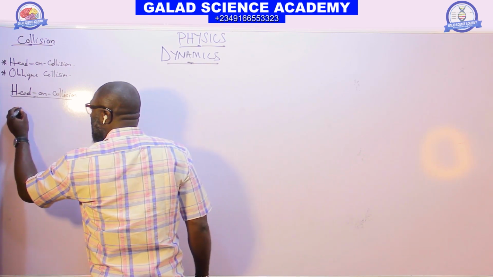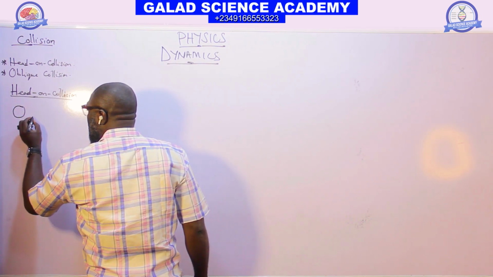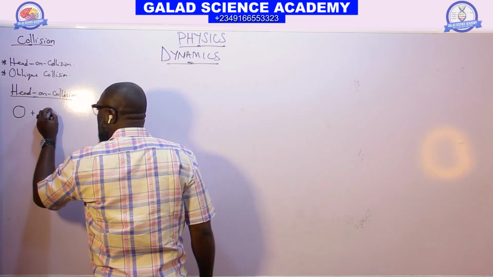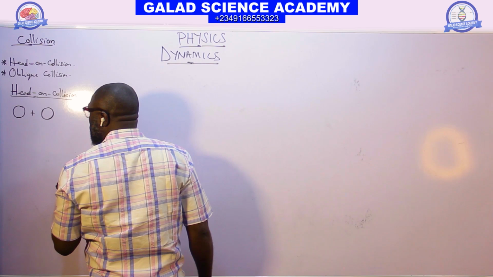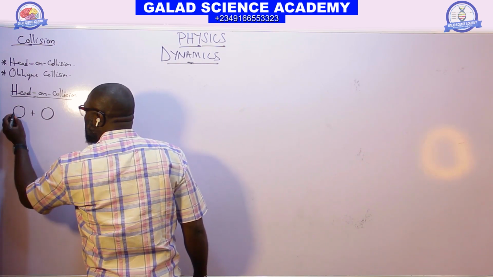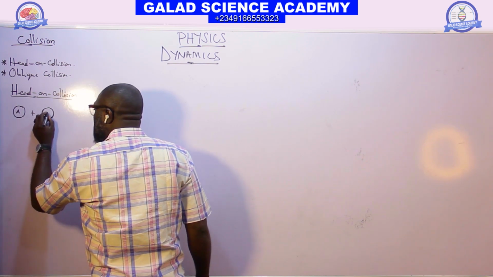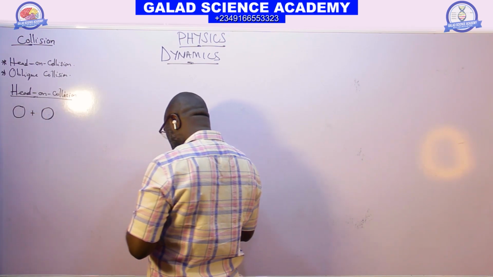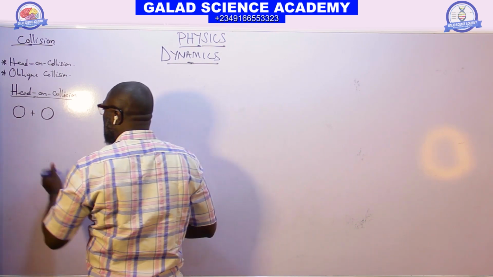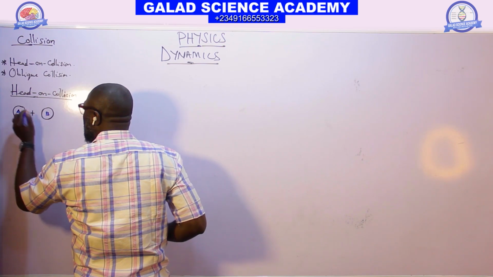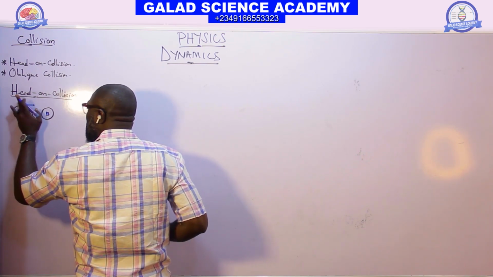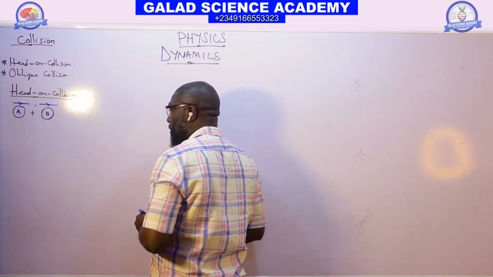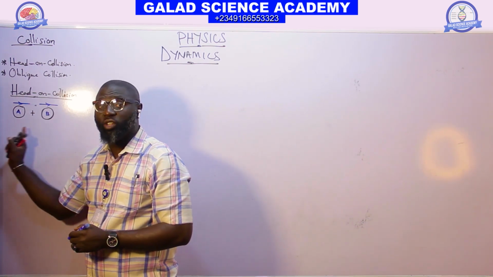When we have an object A and another object B like this, if the two bodies collide together, you can see that the two bodies are on a straight line.